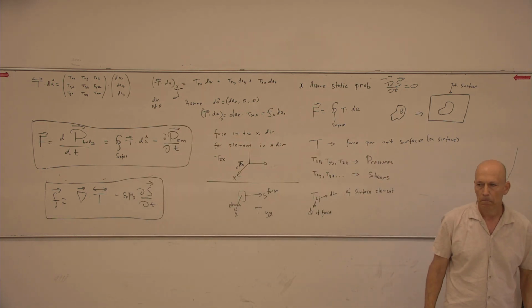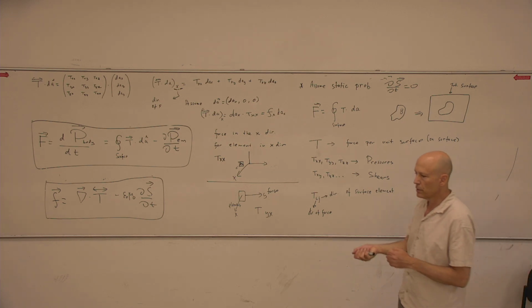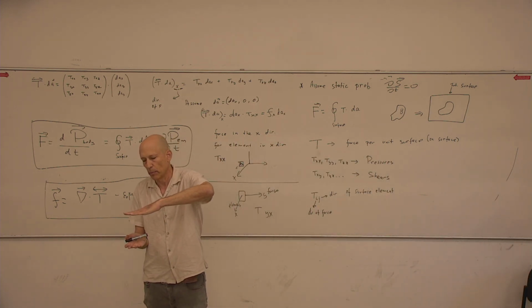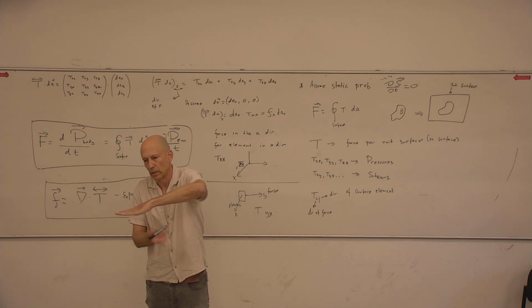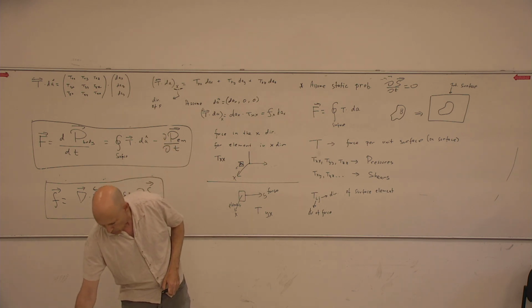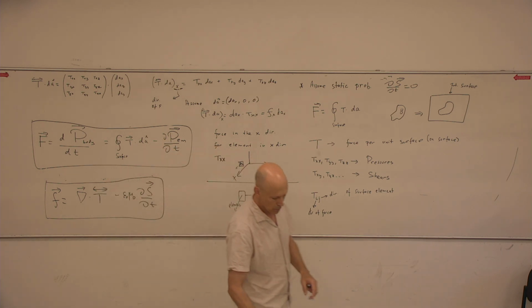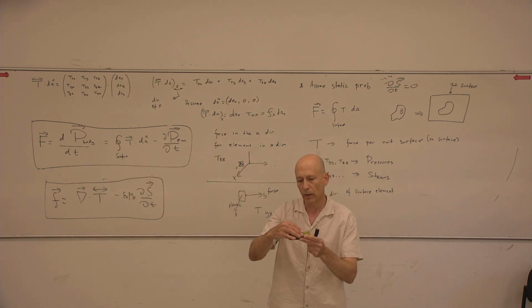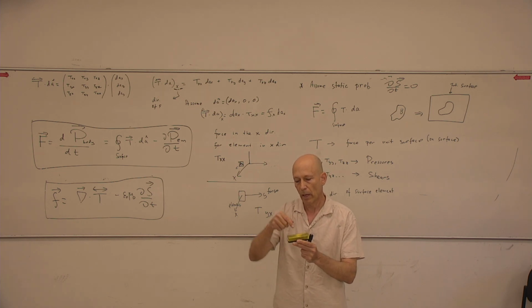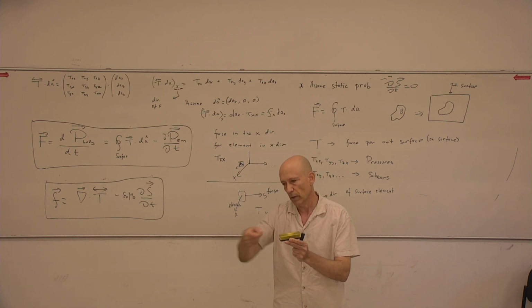Why is it called shear? This is the meaning of shearing: if you take a body and you push it like that, that is called shearing. If you have a mechanical shear force, you can pull it here and you can pull it there.